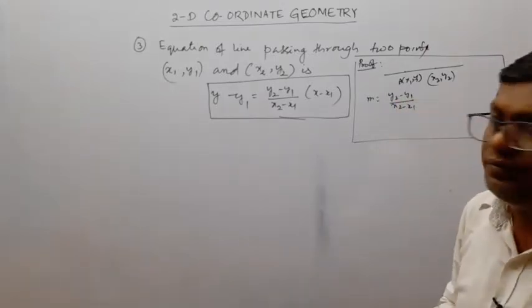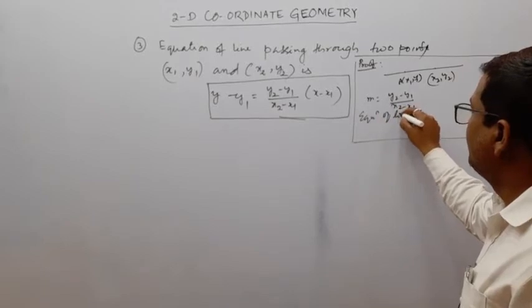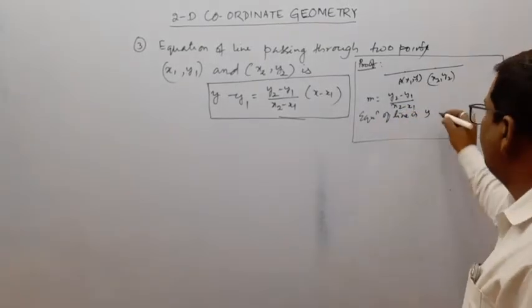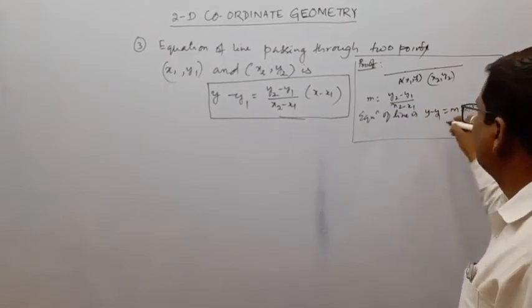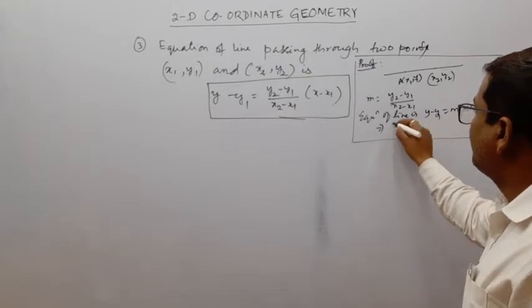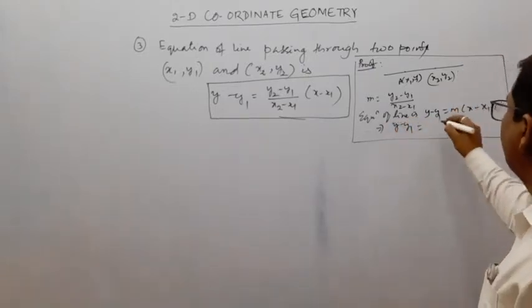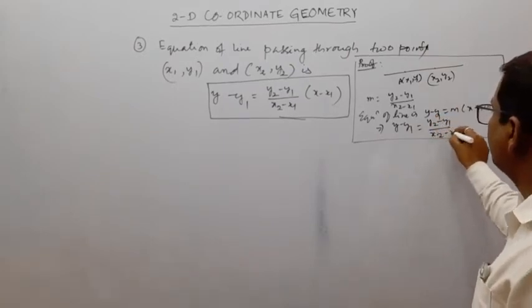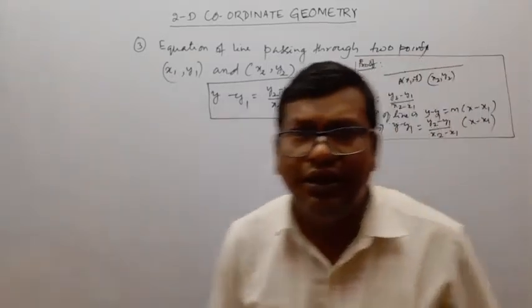Now the equation of line in one point form is y minus y1 is equal to m into x minus x1, where m means y2 minus y1 divided by x2 minus x1. So y minus y1 is equal to y2 minus y1 divided by x2 minus x1 into x minus x1. Clear?